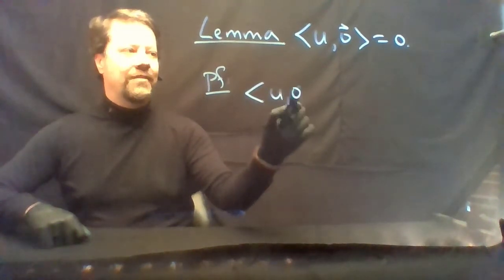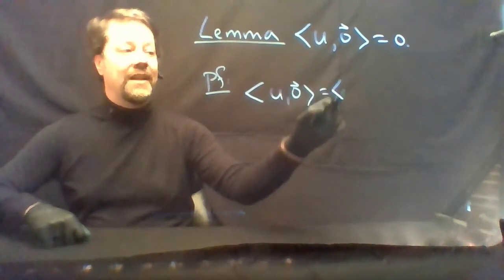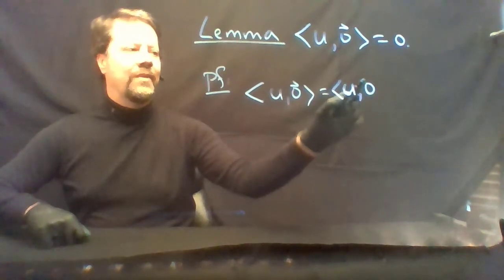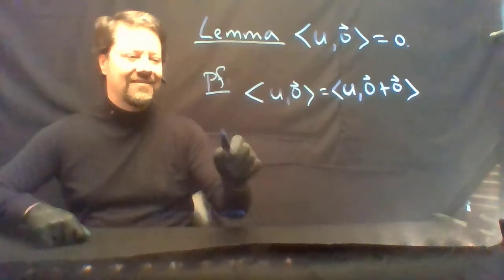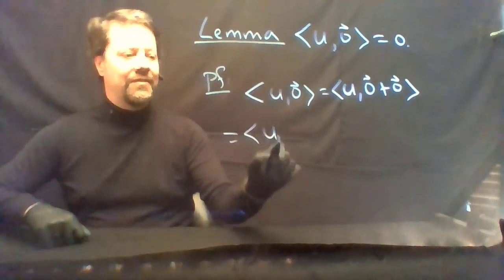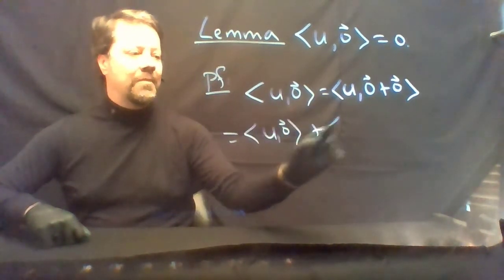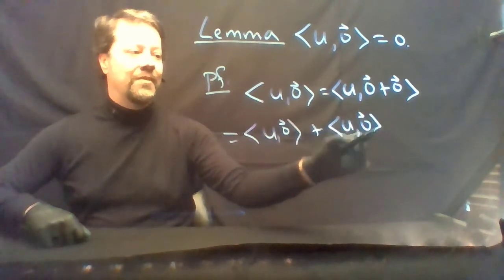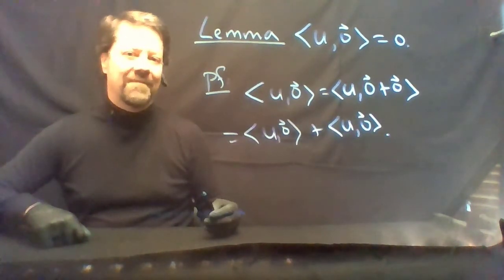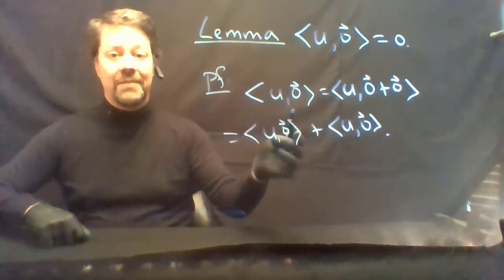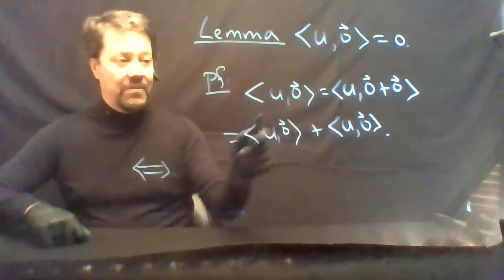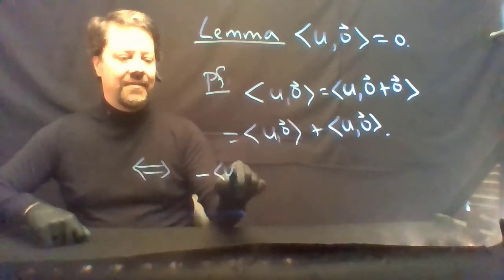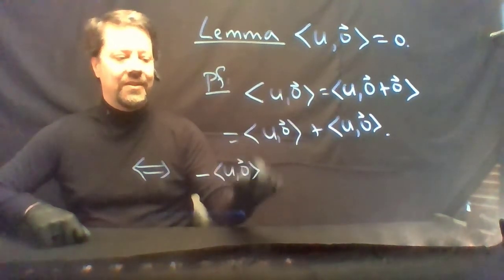We'll take the inner product of u and the 0 vector, which we know to be the inner product of u with 0 plus 0, which is the inner product of u and 0 plus the inner product of u and 0 by the distributive property. Now every real number has an additive inverse. We'll add the additive inverse of the inner product of u and 0 to each side.